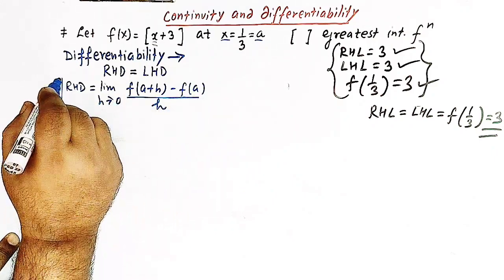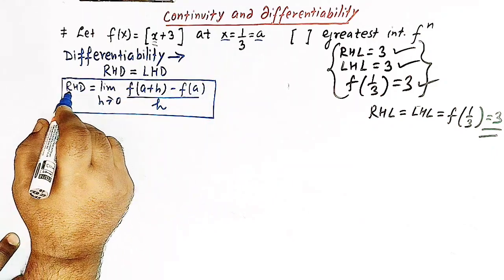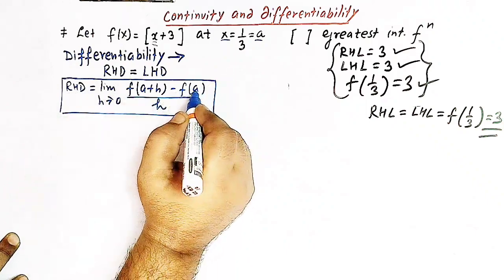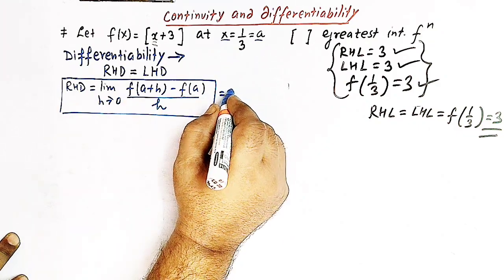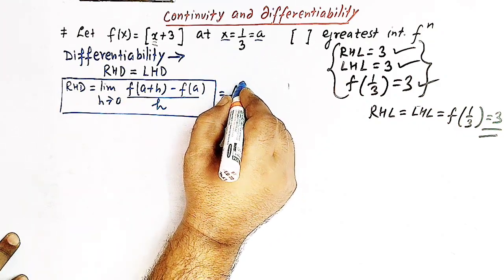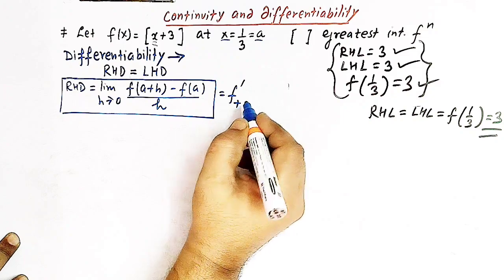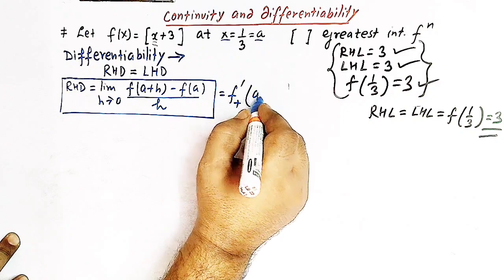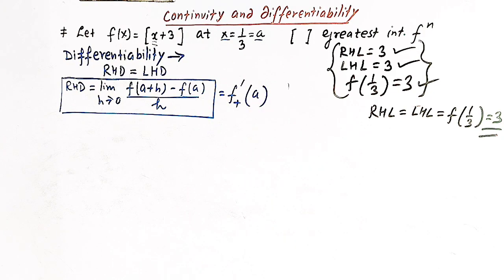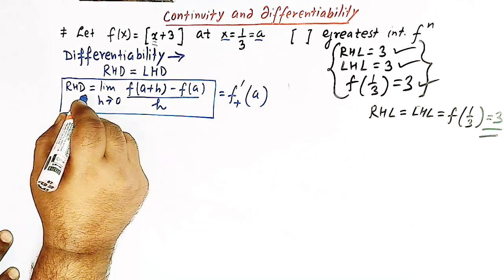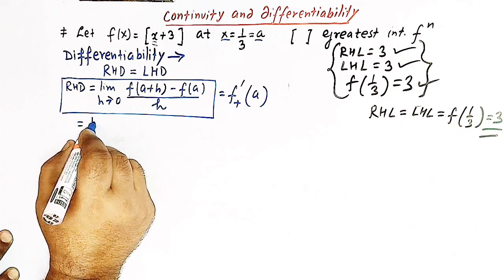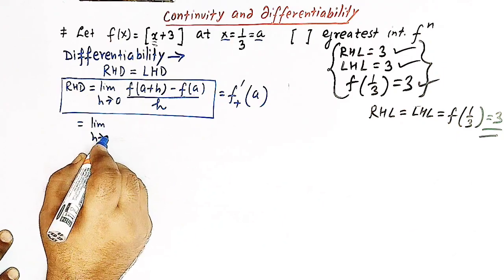So this limit gives us the right hand derivative at this point x = a. This notation can also be used: f prime, and here we write a positive sign, and here we have a. So now the right hand derivative is given by a limit h tends to 0.